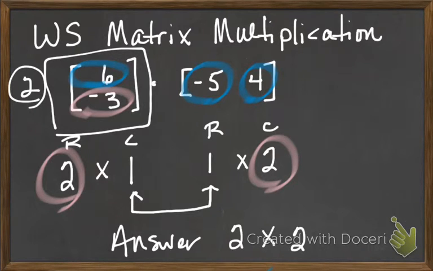So sometimes when we get confused about multiplying matrices, we can actually think about the dimensions and make sure our answer has the correct dimensions. So let's just kind of practice this. So if we were multiplying a 3 by 2 times a 2 by 4, would it be possible to multiply a matrix that has 3 rows and 2 columns times a matrix that has 2 rows and 4 columns?